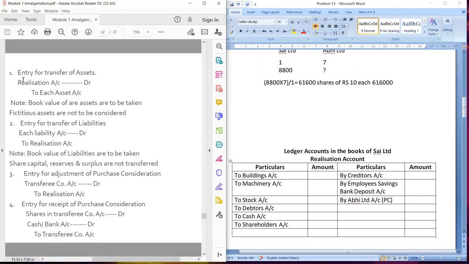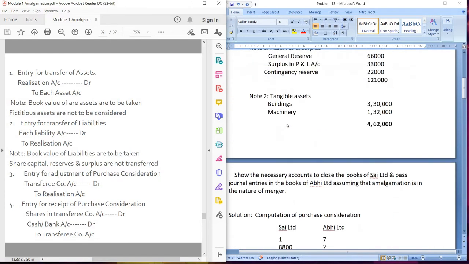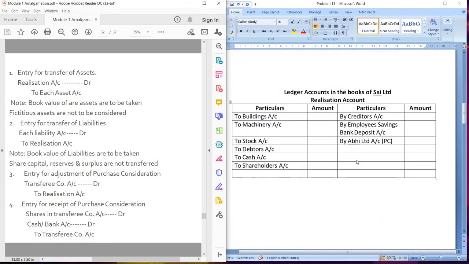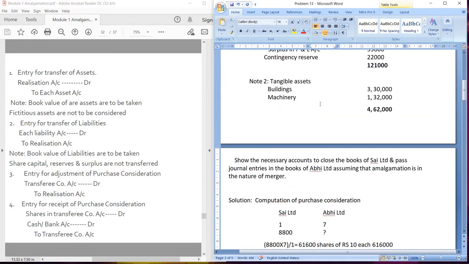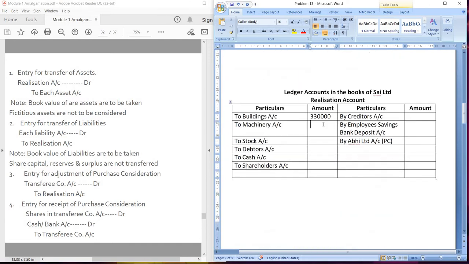First entry is the entry for transfer of assets. Realization account debit to each asset account. So we have to transfer all the assets to realization account. So realization account debit to buildings account. What is the amount of buildings? 3,30,000. So to buildings account 3,30,000. Next, to machinery account 1,32,000.